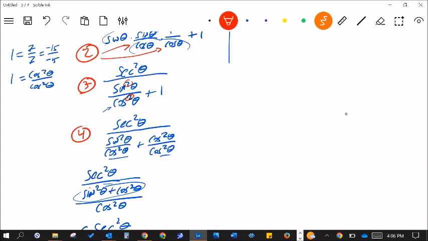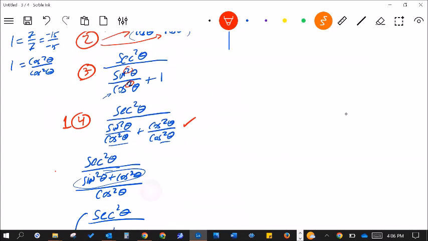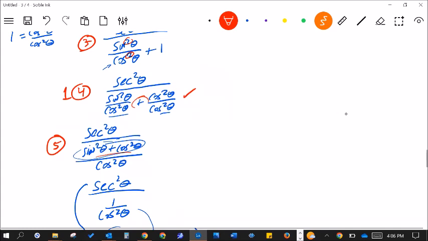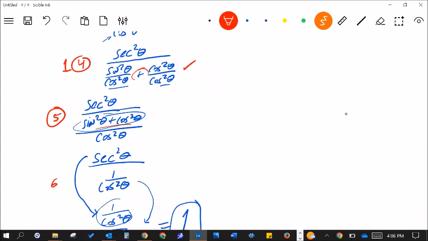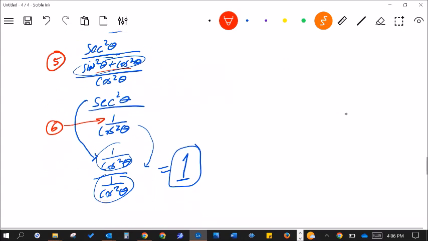The fourth thing I did was using the number 1 here. Fifth thing I did was that then I added the fractions together. And that allowed me for my sixth thing to put a 1 there. And the seventh thing was to change secant squared theta into 1 over cosine squared theta. And the eighth step, I got the number 1.